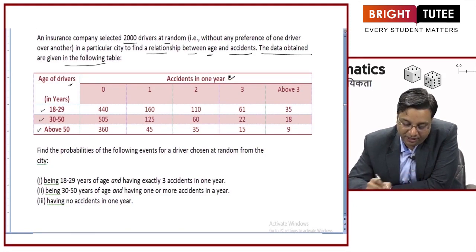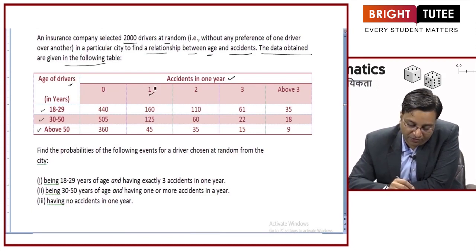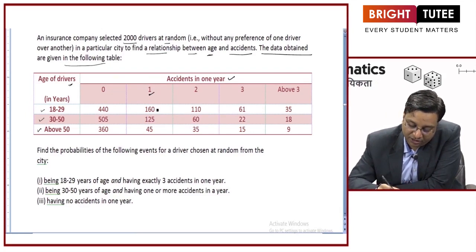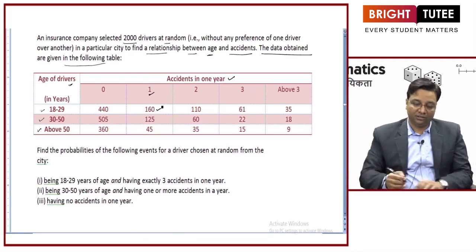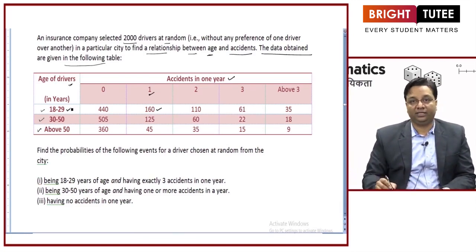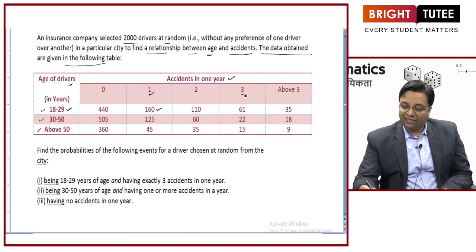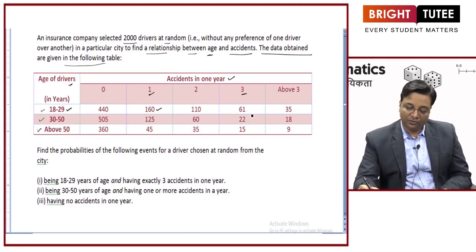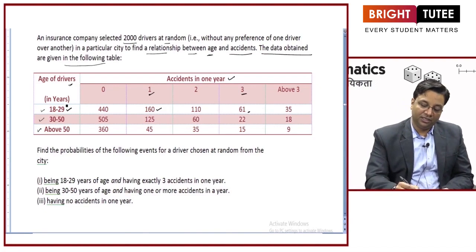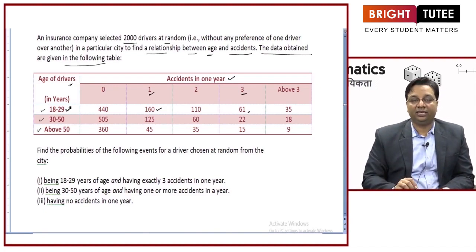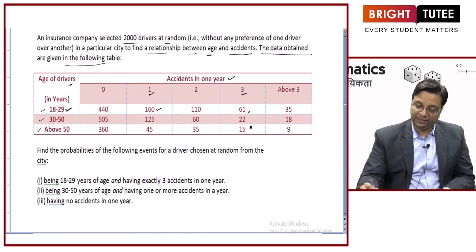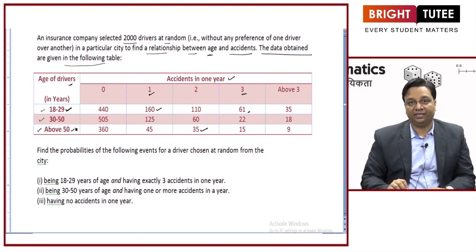And accidents in 1 year: one accident was there with 160 drivers of age between 18 to 29. 3 accidents were there for 61 drivers aged between 18 to 29 years. Similarly, there were 2 accidents with 35 drivers above age 50 years.